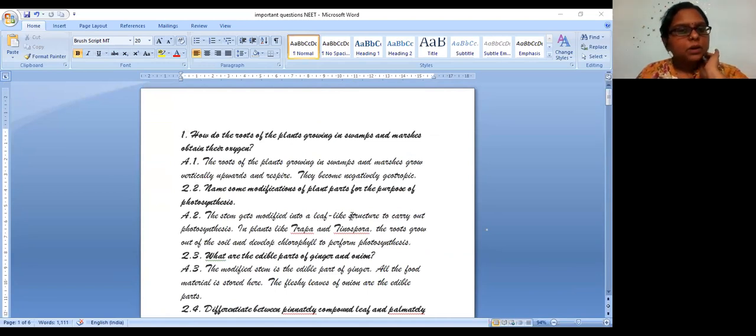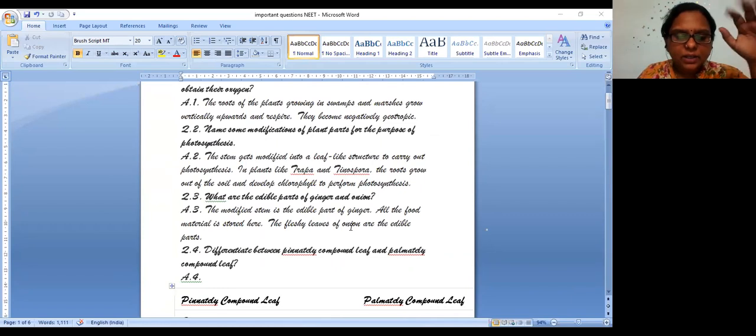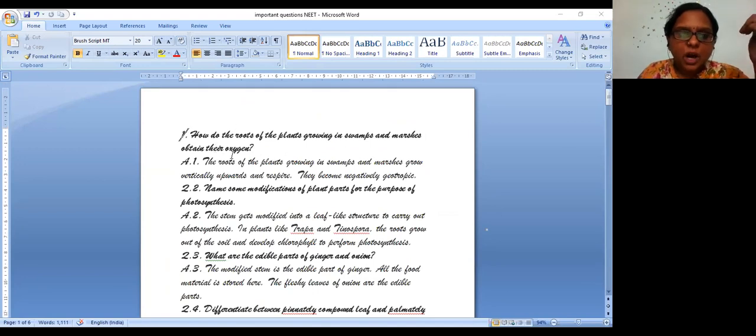So whatever we have studied, I've put up in the question answers form. If you just go through, you will get an idea how the MCQs will be. If you see the first question, how do the roots of the plants growing in swamps and marshes obtain their oxygen?